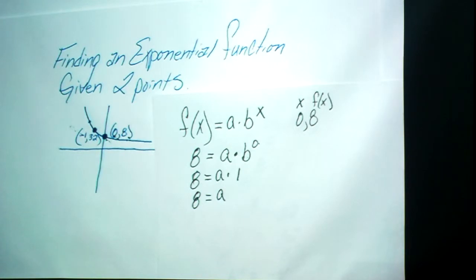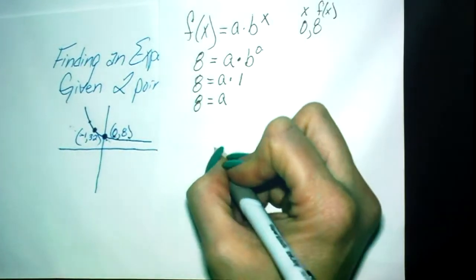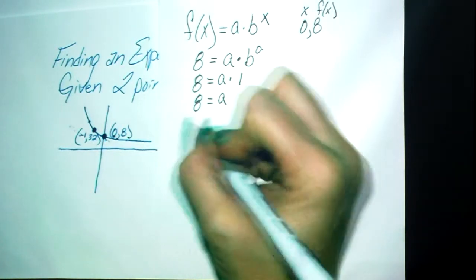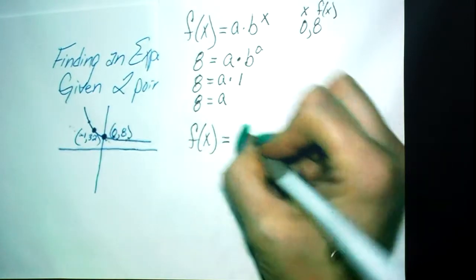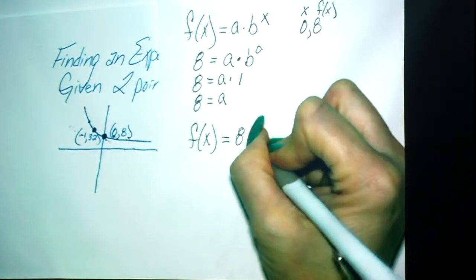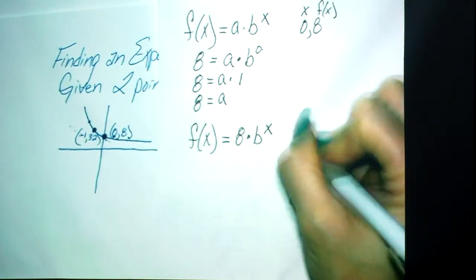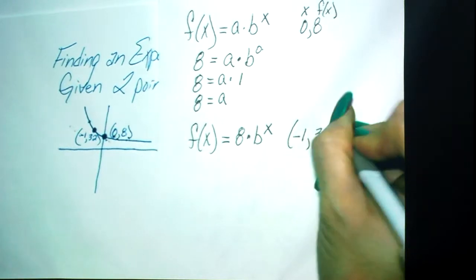Now, let's find our b value. And we have to use the other point you're given to find the b value. I'm going to use the fact that I know a is also 8. So, here we go. F of x is equal to, now I'm going to plug in my 8 for my a, times b to the x, and my next point I'm using is -1, 32.